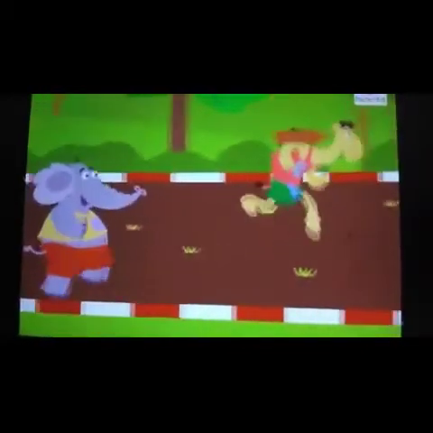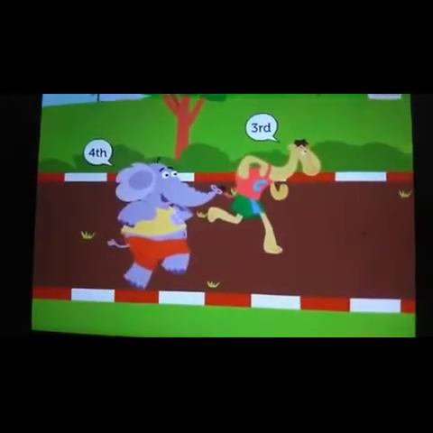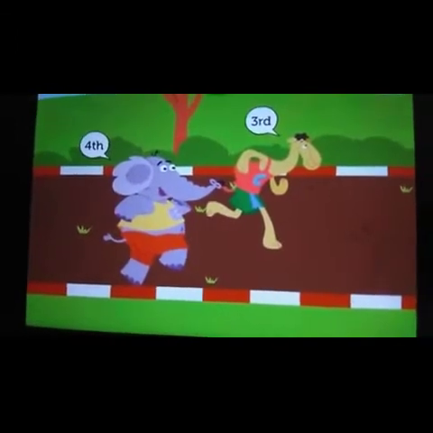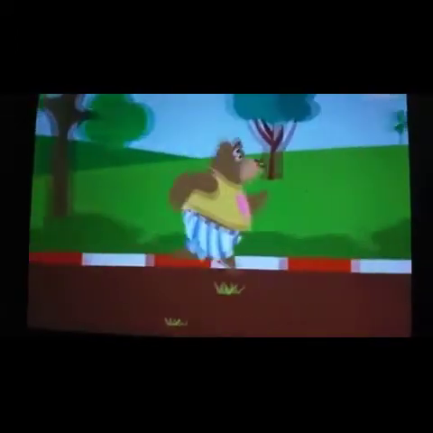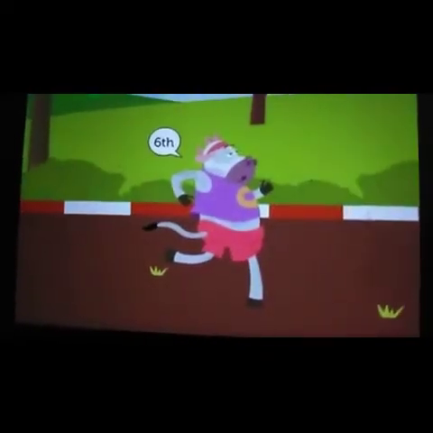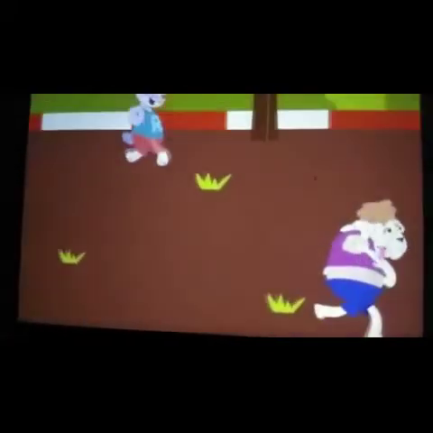The camel and the elephant are running quite fast. They are third and fourth respectively to complete the race. The bear is at fifth position and the cow is at sixth position. The sheep and the rabbit look tired.